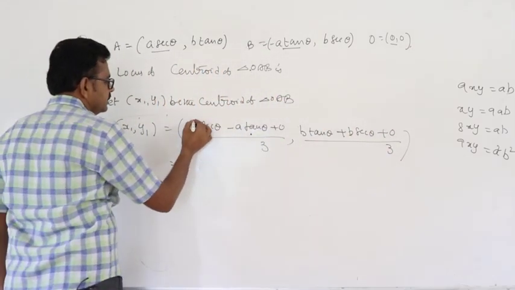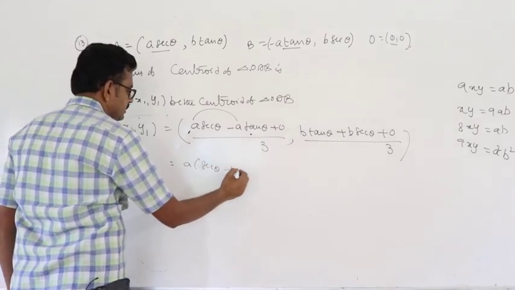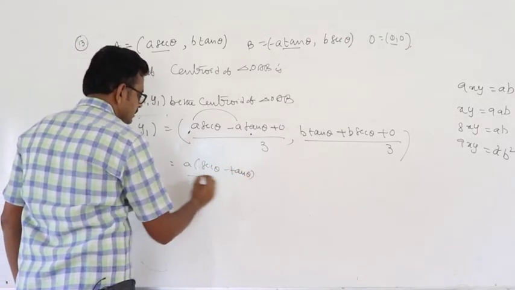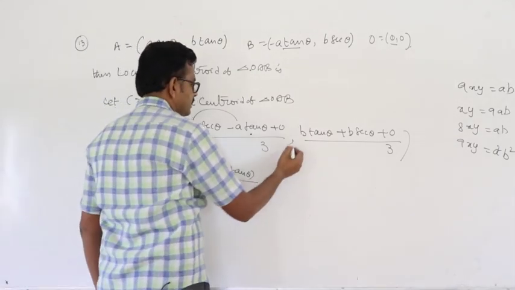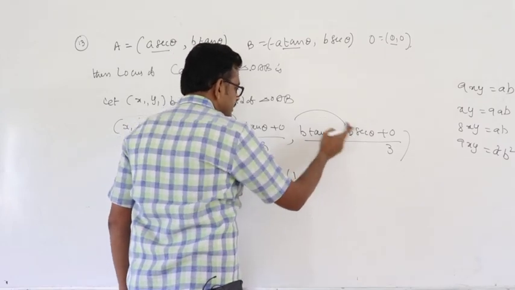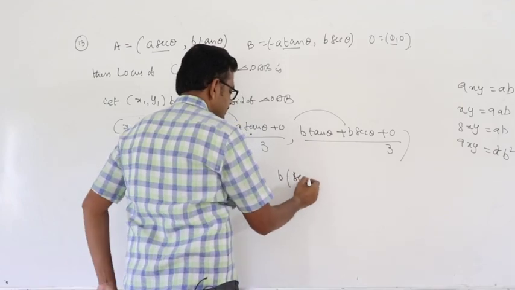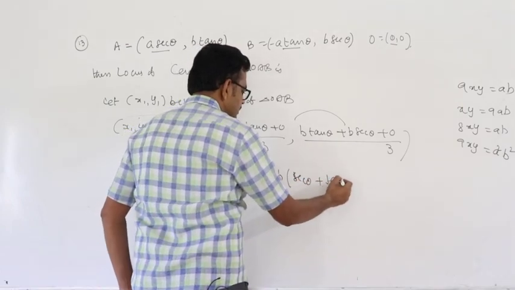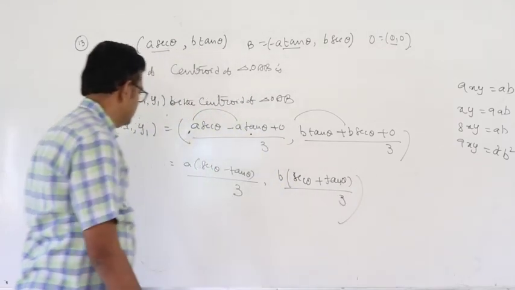That is equal to, taking a common, a into (secant theta minus tan theta) by 3, and here taking b common, b into (secant theta plus tan theta) by 3.